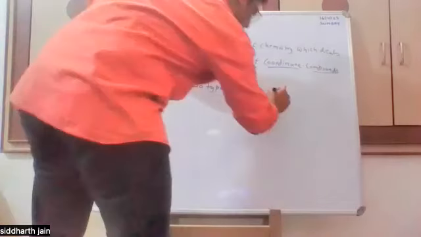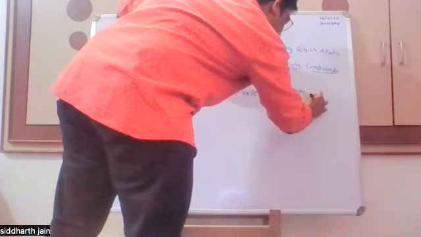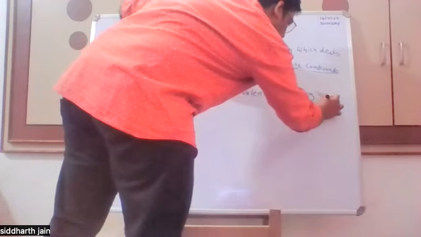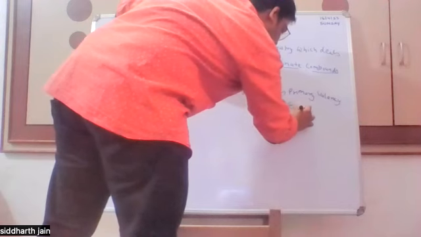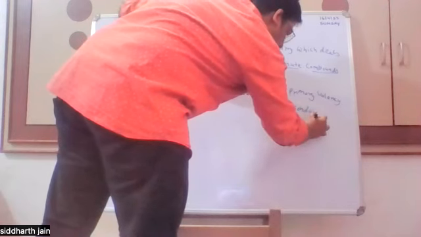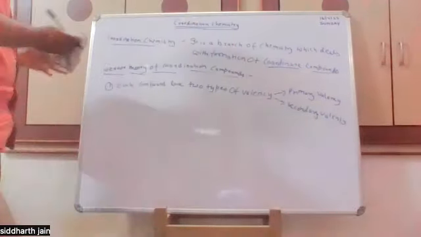These are primary valency and secondary valency. So what is meant by this postulate? Let's see. Let's write all the points.